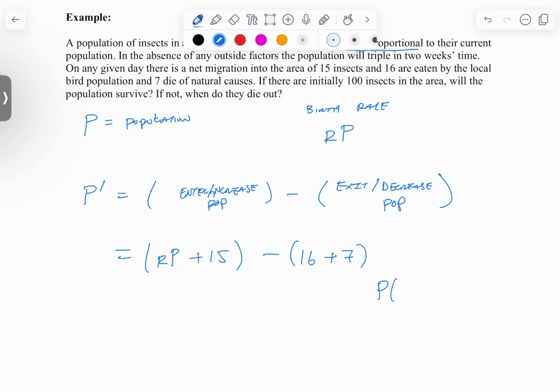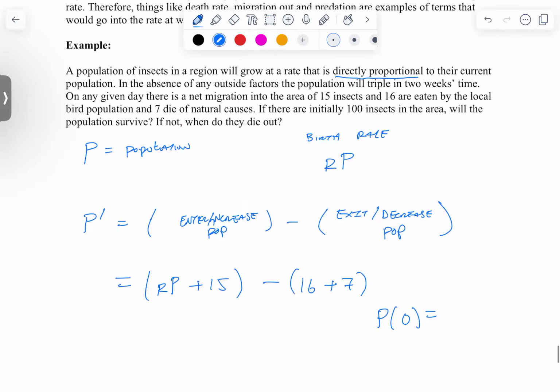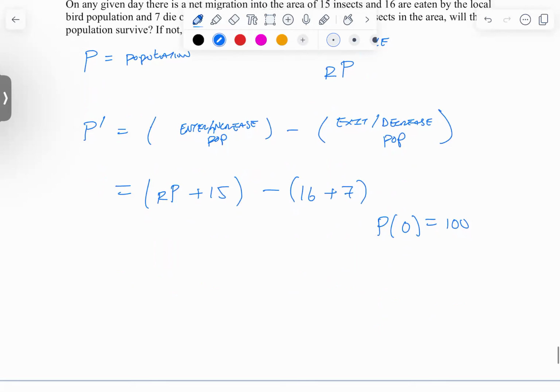Once again, population at time 0 is then what? 100. Okay, so that's at least the initial setup of the info. And if you reduce that down, P prime actually becomes P bar minus 8.